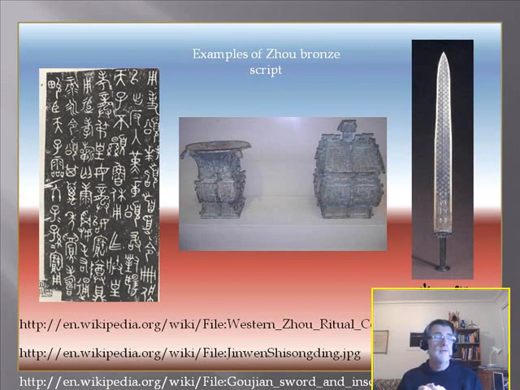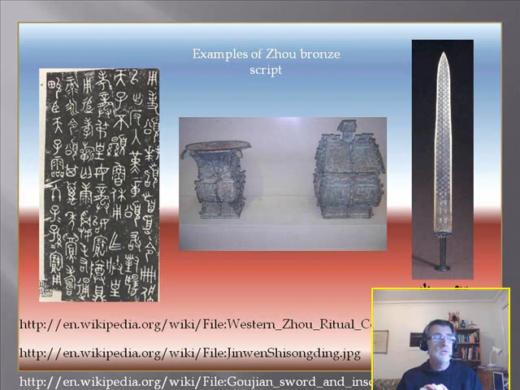So what we're going to do is show you some examples of the Zhou bronze script, and you'll see three pictures there. The one on the left is a rubbing from a bronze vessel of some sort, and they've used ink or some other material and rubbed it onto a piece of paper, and in that you can see the characters reasonably clearly.